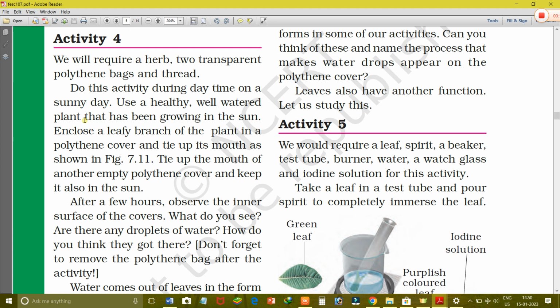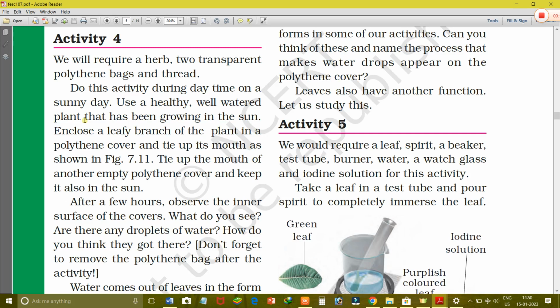Enclose a leafy branch of the plant in a polythene cover and tie up its mouth as shown in figure 7.11.